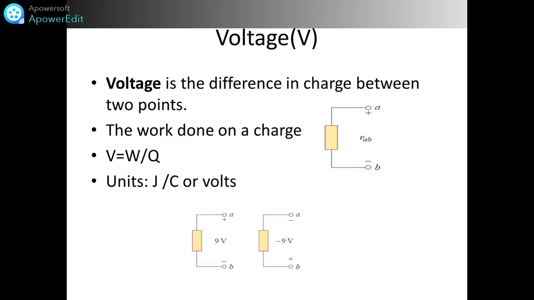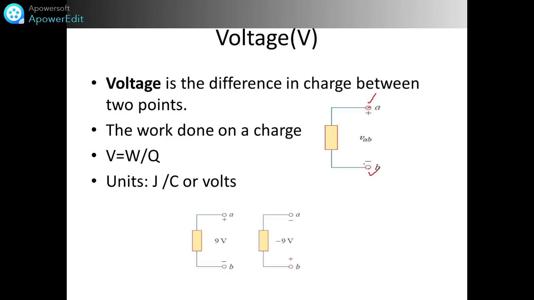So next, the fundamental definition of voltage. What is meant by voltage? We all know, in physics, it is the work done on a charge, whereas in electrical engineering, it is the potential difference between 2 points. Let us consider A and B are the 2 points.